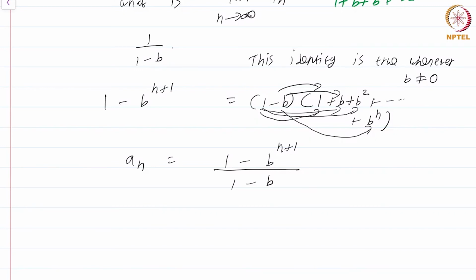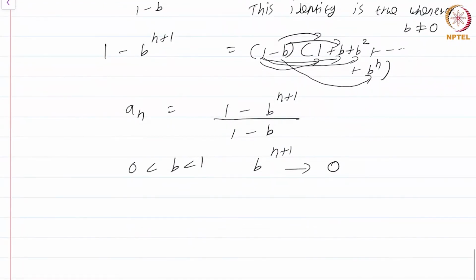Excellent. How does this help us show what the limit is? Well, 0 < b < 1, so b^(n+1) converges to 0. That's what we just saw in the last example, right? So the numerator converges to 1, and the denominator is just the constant 1 minus b. So a_n converges to 1 by 1 minus b.